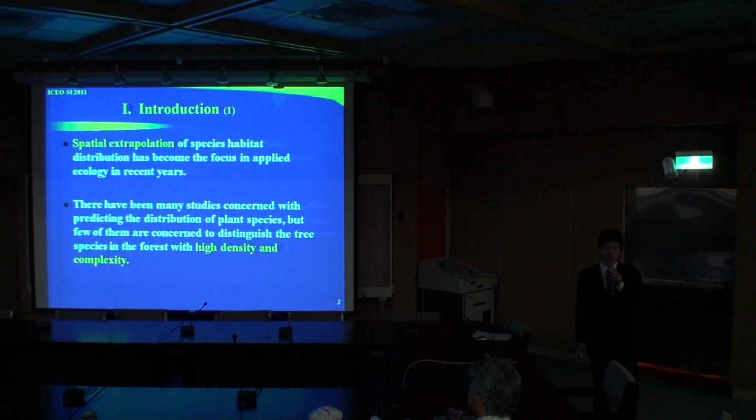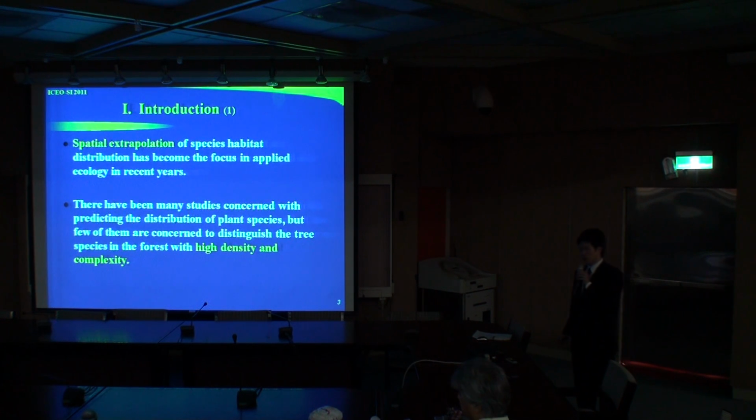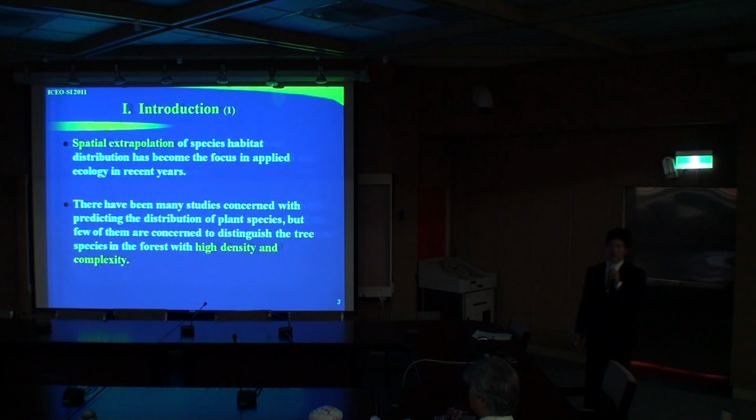The first is introduction. The prediction of tree species distribution has become a focus in ecology in recent years, but few of them are concerned with distinguishing the tree species.